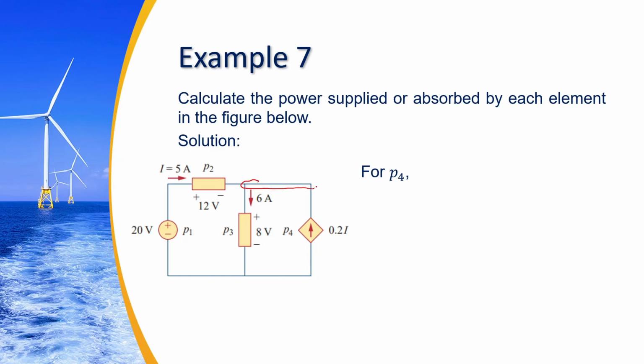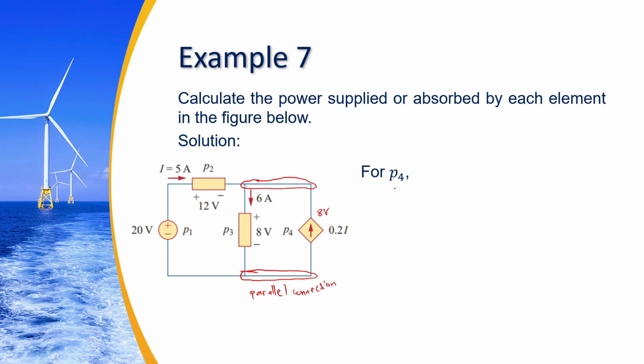Sharing sila sa node na to, o sa terminal na yan, at sa terminal na to. Ibig sabihin, since connected sila, pareho sila ng terminal, ang tawag sa kanila is parallel. Okay, parallel connection. Since in parallel connection sila, meron din tayong 8 volts dito.